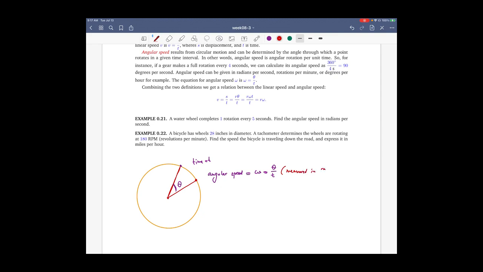Either in radians per second, or you can simply say in seconds to the power -1. Again, angular speed measures how fast this angle is changing over time as this point moves along the circle.